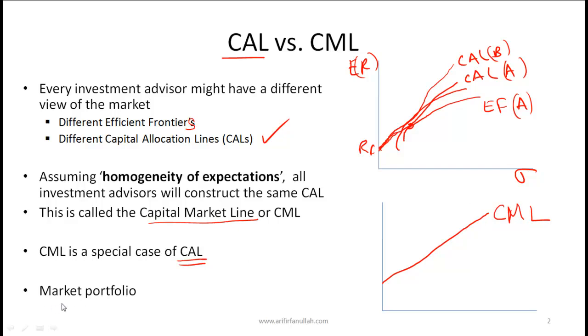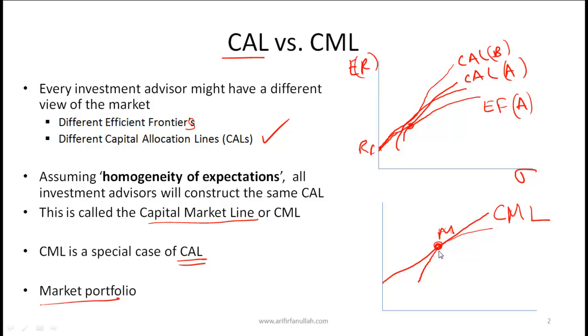Another important concept is that of the market portfolio. The market portfolio is the point where, so we call this M, this is the point where the efficient frontier is tangential with the capital market line. So we had talked about this in the earlier lecture, but make sure you understand this definition.